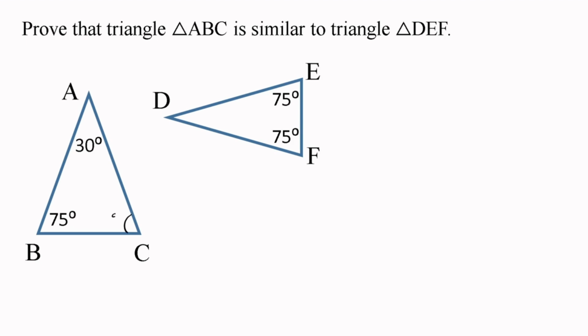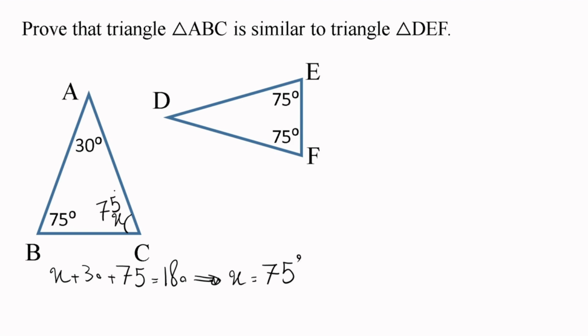I'm going to call it X. And I know that the addition of internal angles of a triangle is going to be equal to 180 degrees. So X plus 30 plus 75 is going to be 180. And if I solve it, X is 75 degrees. So this angle C is 75 degrees.